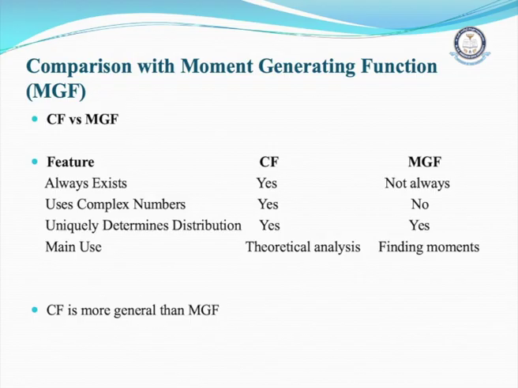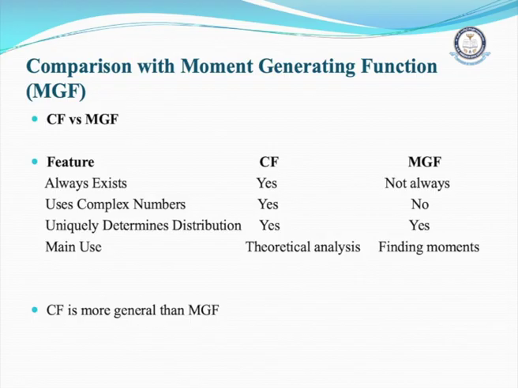CF is more general than the MGF. So, these generating functions we apply for the moment purpose and for discrete distributions, for binomial distribution, Poisson distribution, geometric distribution, hypergeometric distribution. Like that we apply these generating functions. Actually, finally, what is the purpose of generating functions?